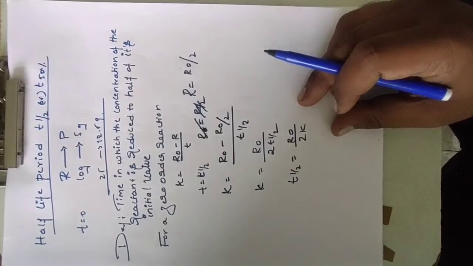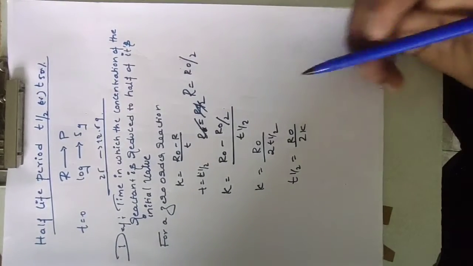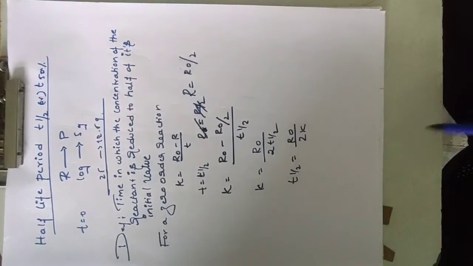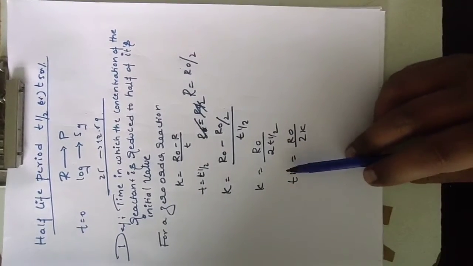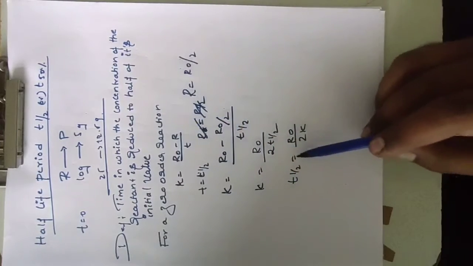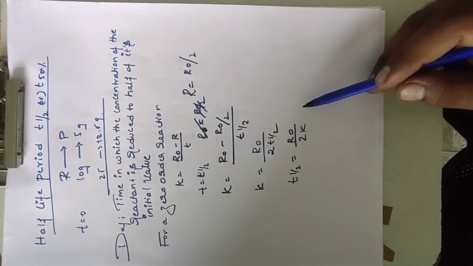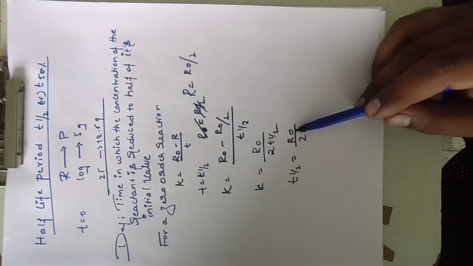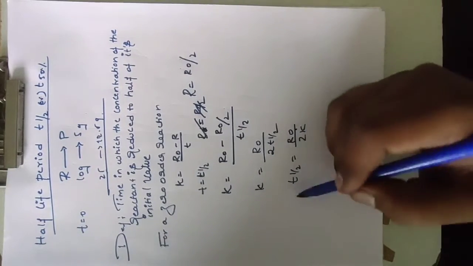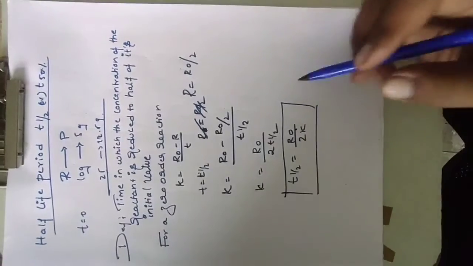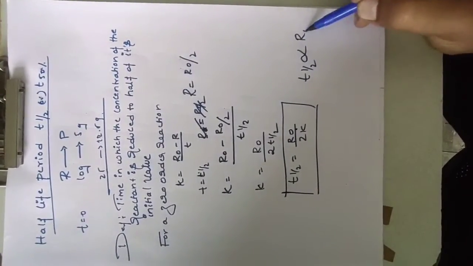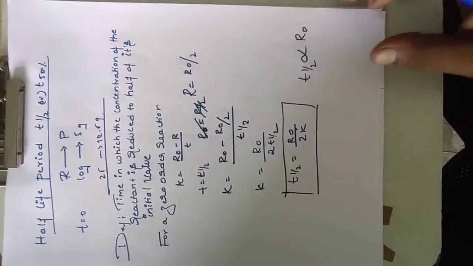Then the half-life period in zero order is directly proportional to the concentration of reactant. Do you understand this equation? We can write t of is directly proportional to r naught.